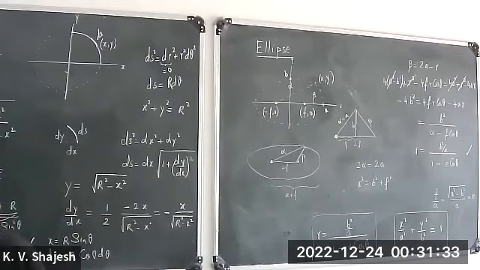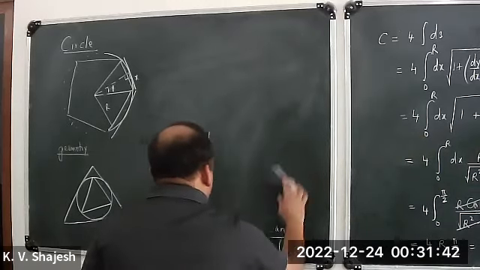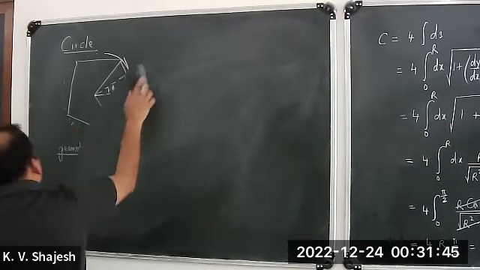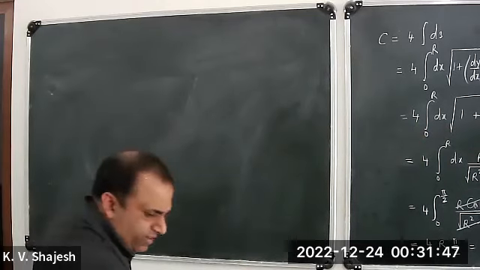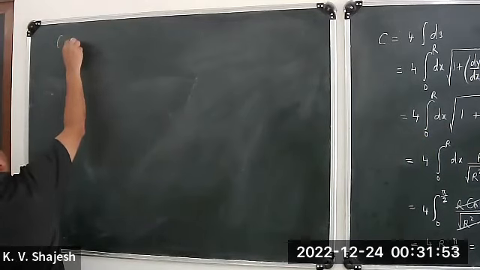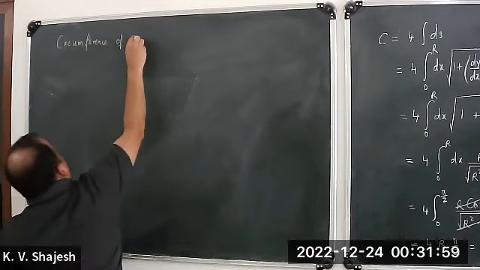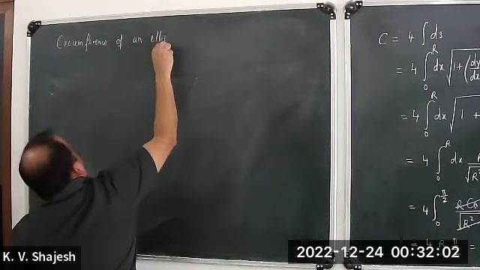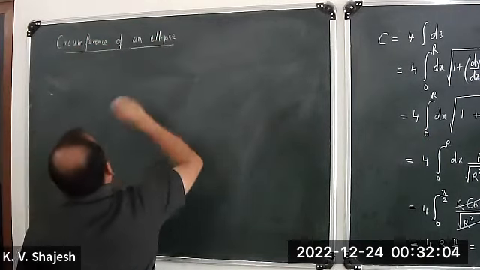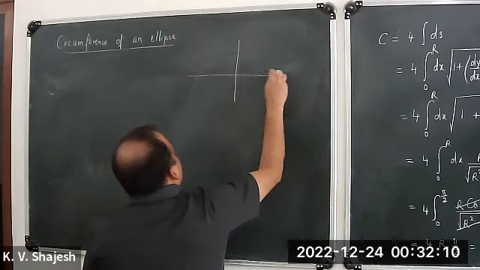Yeah, okay. So let me very quickly now do the actual. If we want to get the circumference of an ellipse, again now we are in rectangular coordinates.